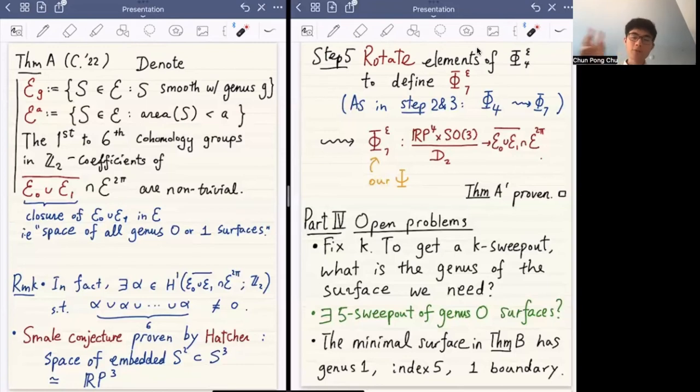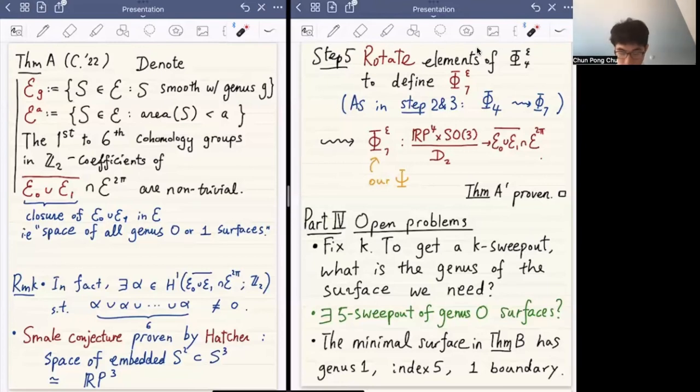And then the degree of the polynomial will help us to bound the genus of the surfaces. But to get an optimal value for the lowest possible genus would be challenging. What's the optimal value?